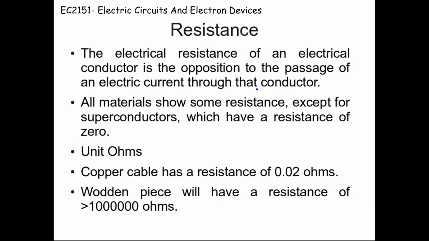All materials will have some resistance, whether it's copper or wood, whatever it may be, and only for superconductors do we consider the resistance as 0, right? The unit of resistance is ohms, and for copper there will be 0.02 ohms of resistance, and for a wooden piece we have 1 mega ohms of resistance, right?